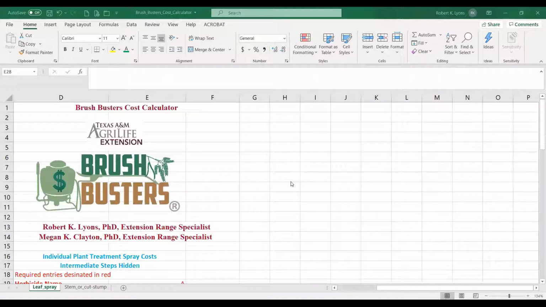So what Dr. Clayton and I decided to do was develop an app that would be very flexible and would be driven by user inputs. So it's the Brush Buster cost calculator, and it's in development right now as an app. We expect it to be functional by the first part of December, possibly.